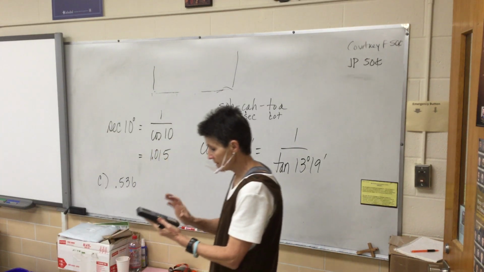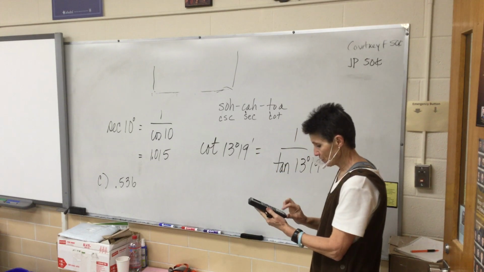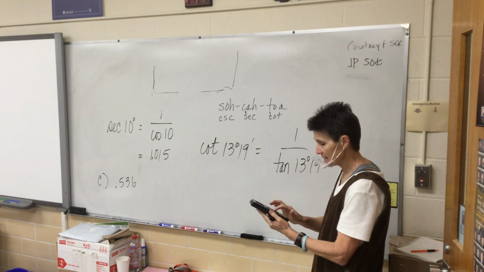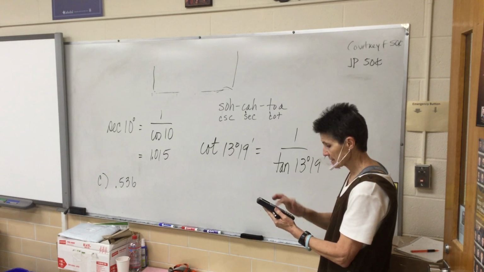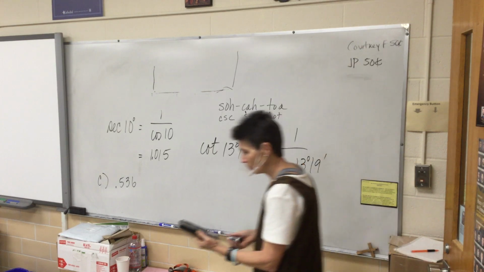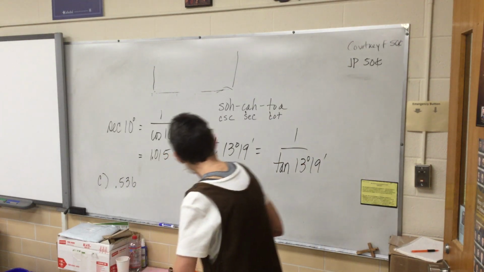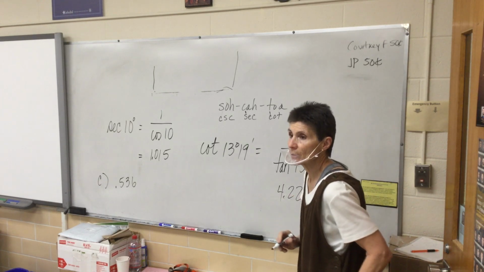So 1 divided by tangent, and then 13 second angle degrees, 19 second angle minutes. Did you get 4.225? Yes. 4.225 is the answer to that one.